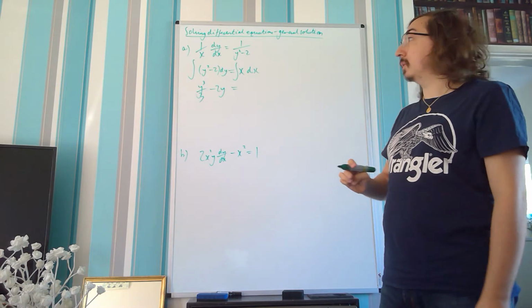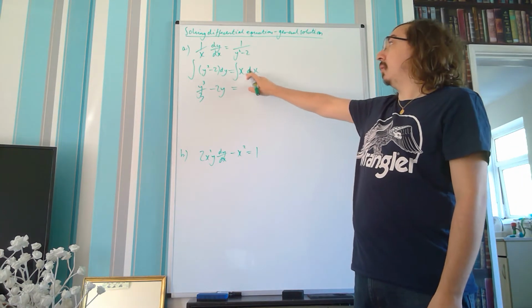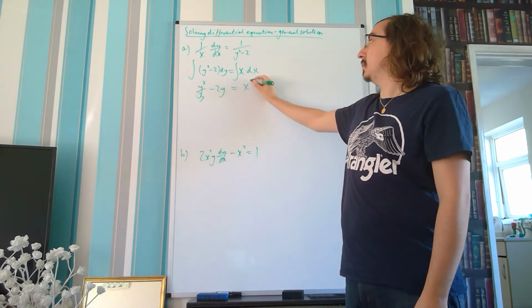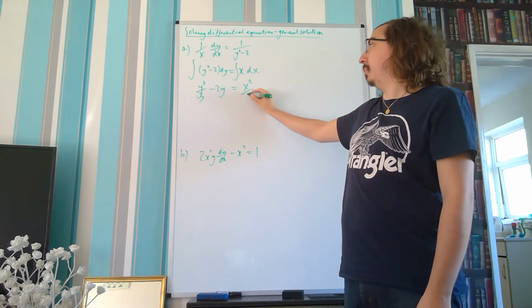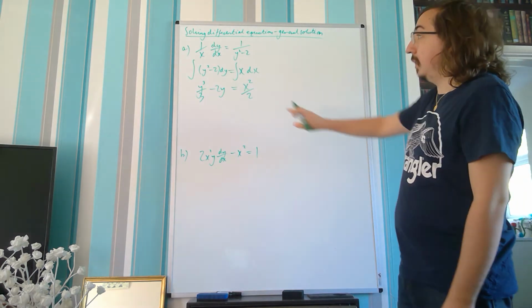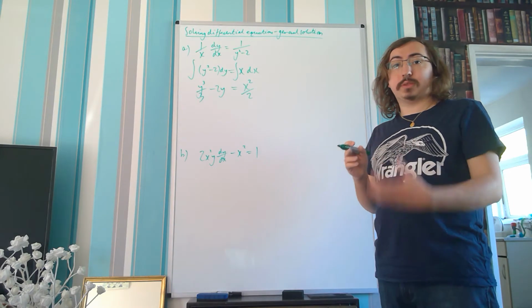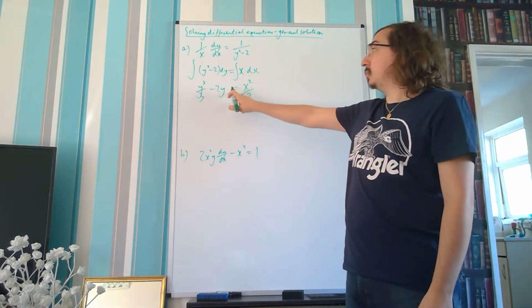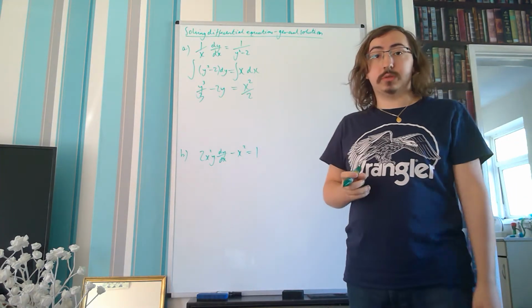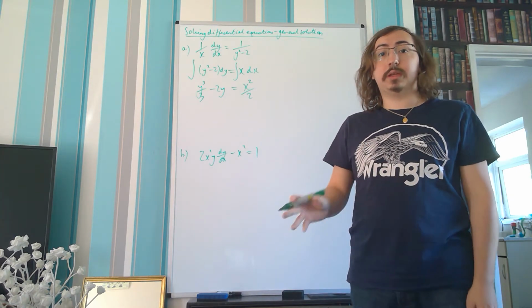Let's have a look at the right-hand side then. Well, when we integrate x with respect to x, raise the power by 1, 2, divide by the new power 2. And again, we'll generate a constant of integration. Now, because both of these will have constants, you don't actually need to write a constant on each side.